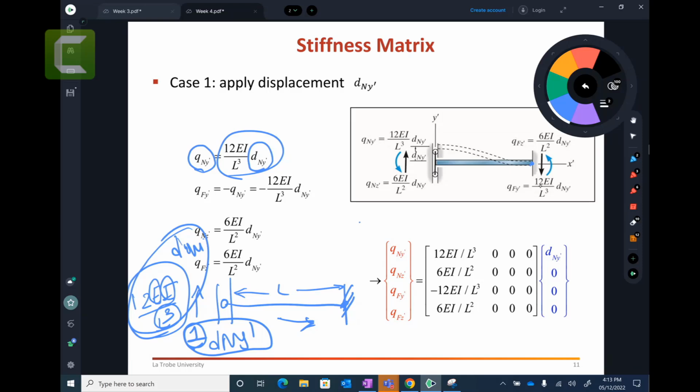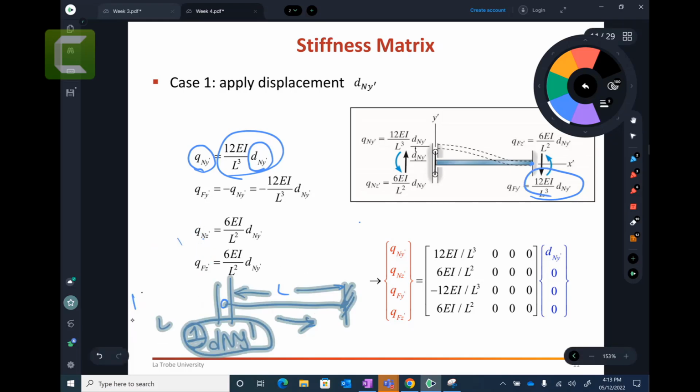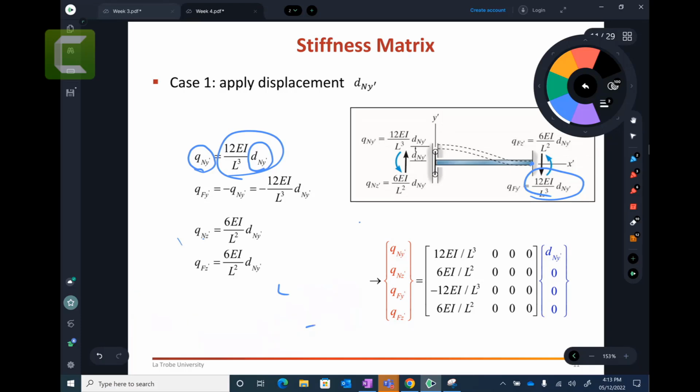Now, if it is fixed on the other side, you will have a reaction force. On the other side you will get a reaction force at the far end in the vertical direction, negative because it is going down. I repeat the story again. First, I apply the unit force. The amount of force required to create the unit displacement is 12 EI on L cubed.